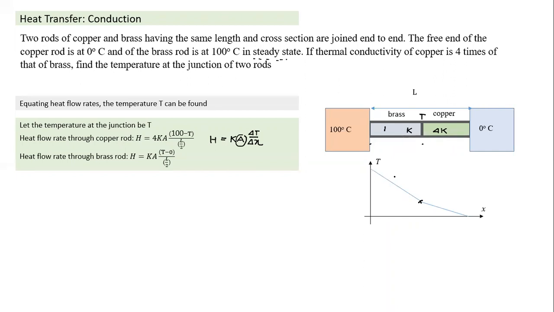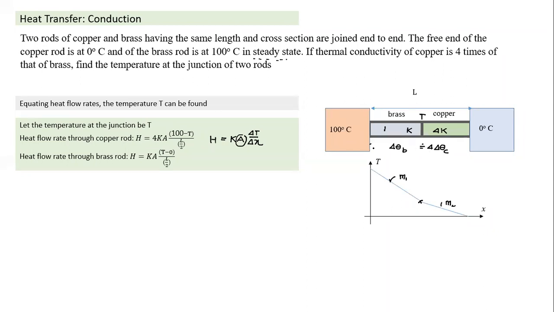If I call this slope M1 and this slope M2, since K is 1/4 here, this slope will be 4 times as steep compared to this slope. Hence the temperature drop across brass will be 4 times the temperature drop across copper to have the same heat flow rate.